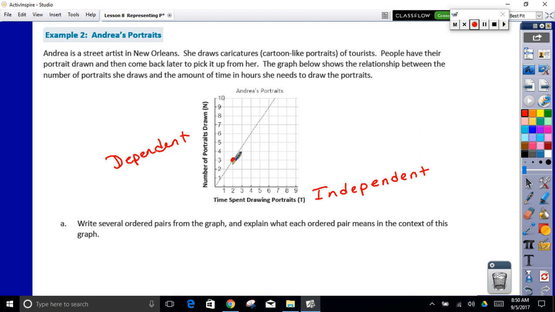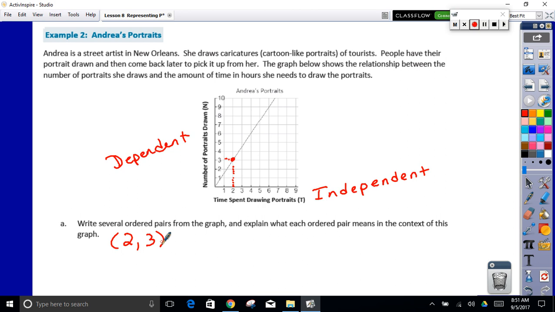All right, well, it's really hard to see up here. This point goes with the number 2 on the x-axis and with the number 3 on the y-axis. So my ordered pair is 2, 3. And what this means in the context of the graph, if I go down to 2, that tells me how much time was spent drawing portraits.